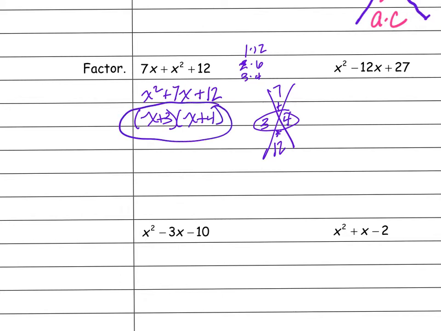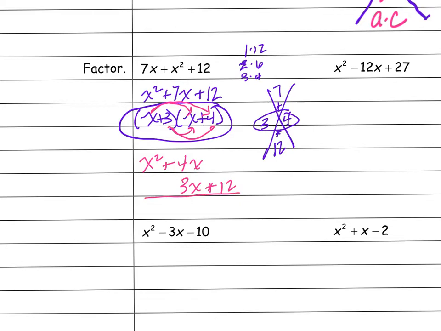Can I check my answer? Sure I can. I can distribute this out, or FOIL, whichever word you're used to hearing from your teacher. Go ahead and multiply this out, and I should get my original expression. So we're just going to check real quick so you can see that. x times x is x squared, and x times 4 is 4x, and 3 times x is 3x, and 3 times 4 is 12.